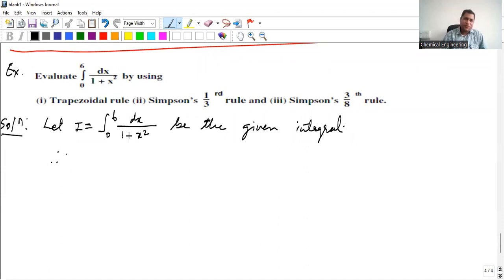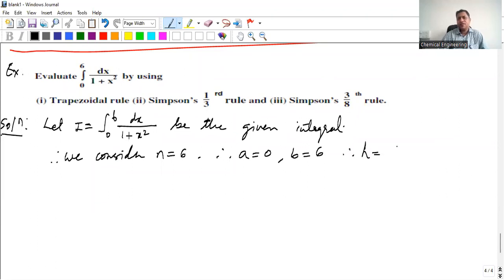So here we consider n is equal to 6. A is 0, B is 6, and hence h is equal to (b minus a) by n, which is 6 by 6, and that is 1.